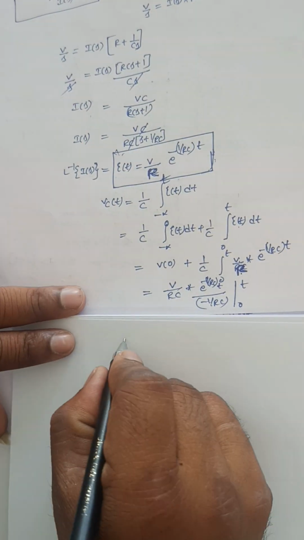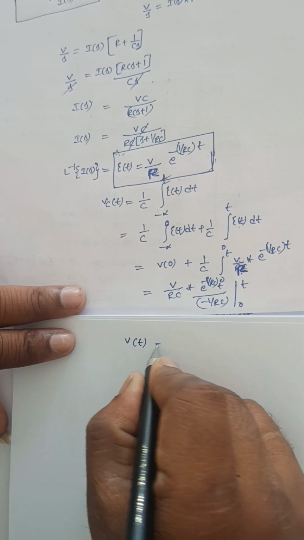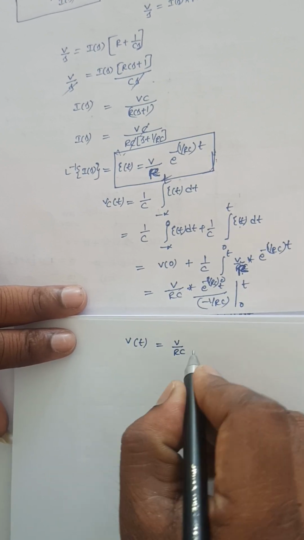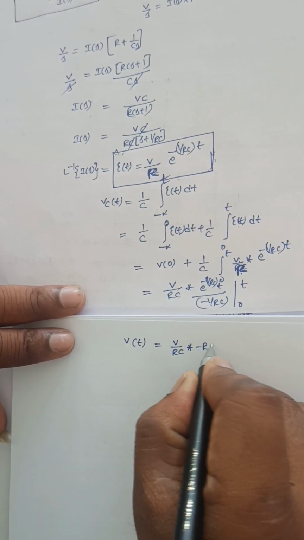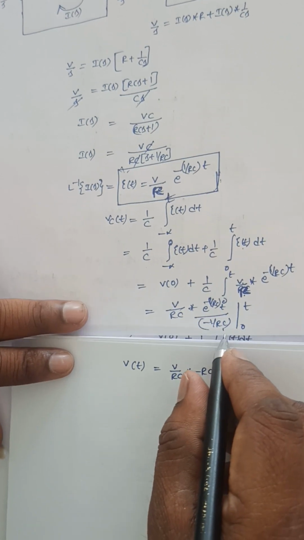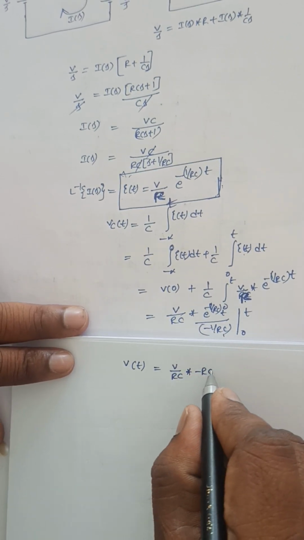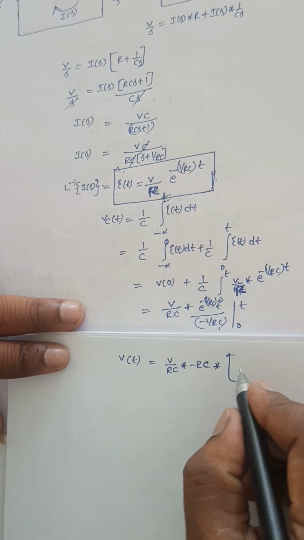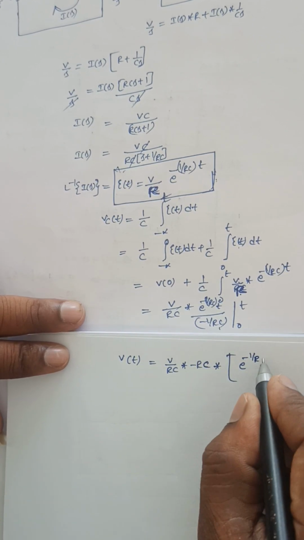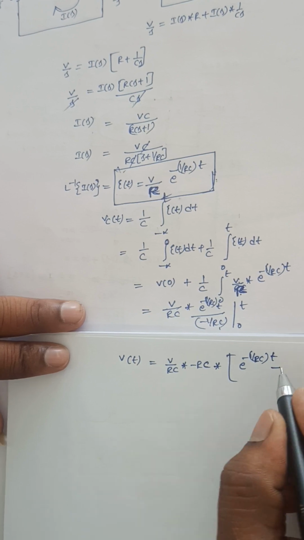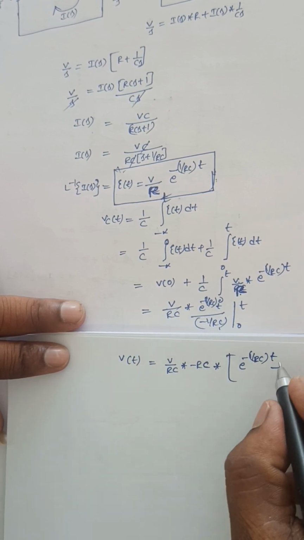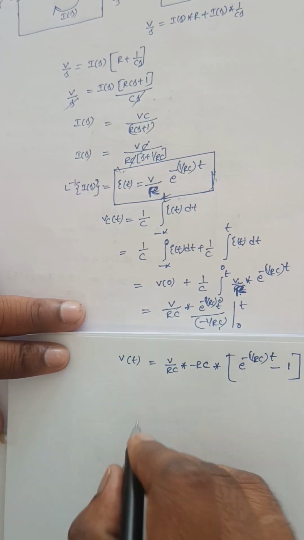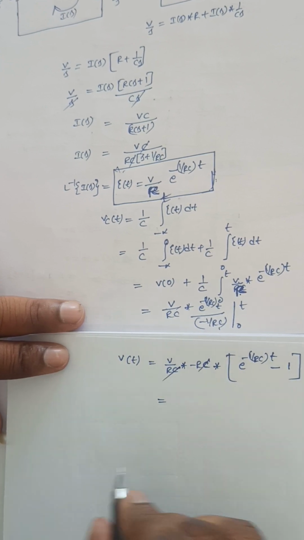Vc of t, the voltage across the capacitor, is V by RC into minus RC, if I bring this denominator to the numerator, into e power minus 1 by RC into t minus 0. e power 0 is equal to 1. So this RC will get cancelled.